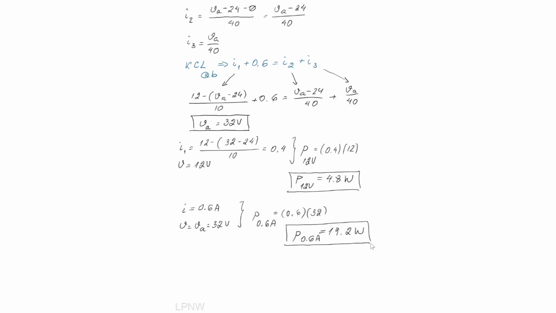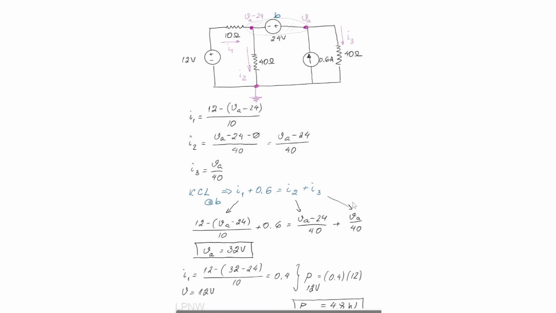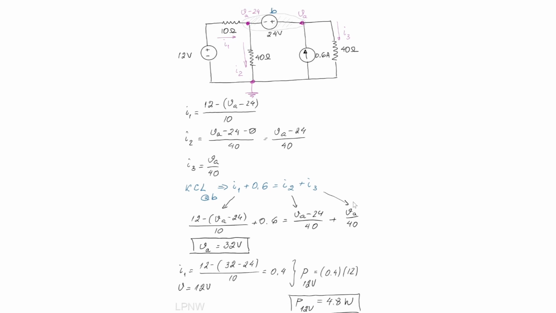Now the last one is the 24 volt source, and for this one we have to go back to the diagram again and check what we can use. The voltage of the 24 volt source is clear. Now the current: the current is going to be the negative 0.6 and VA over 40 together.